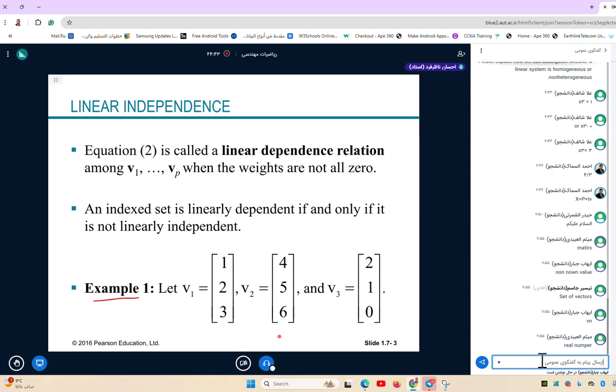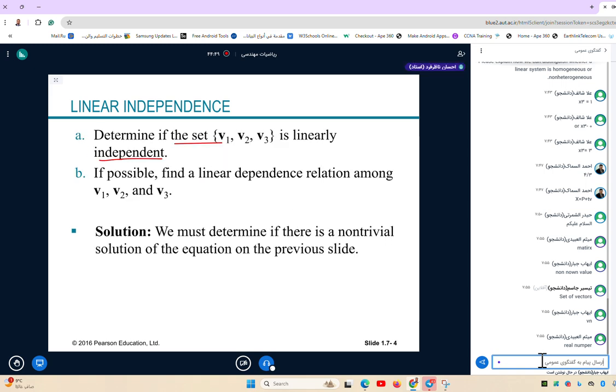It's not that easy to answer this question. We need to go through some steps to find a solution. So the question is to determine if this is an independent or dependent set of vectors. So this is the solution.